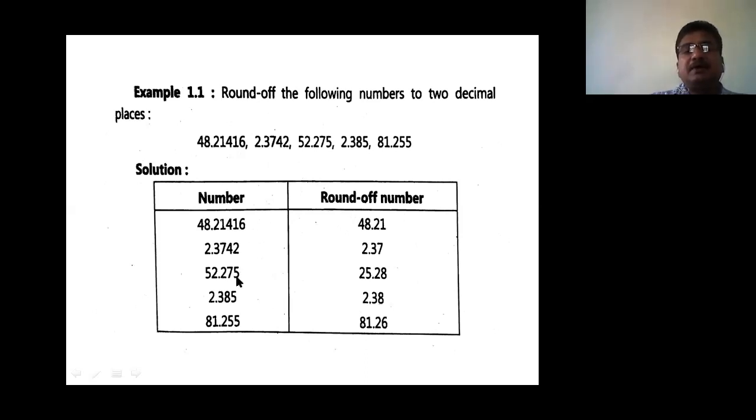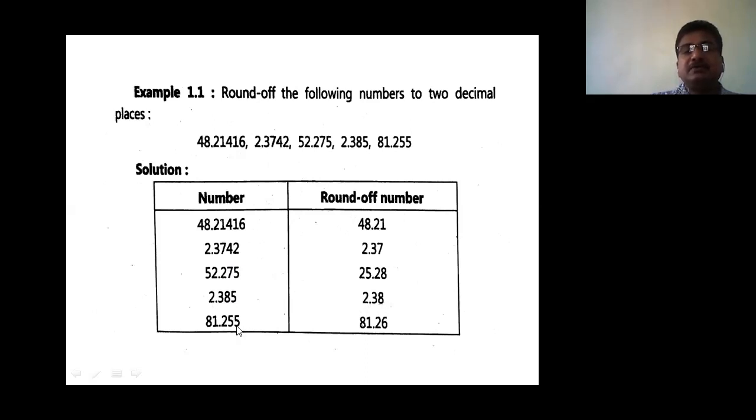And if the first discarded digit is exactly 5, and the previous digit is odd, then increase by 1. So it becomes 28. And here we have to remove this 5, and if the first discarded digit is exactly 5, and the previous digit is even, then no change. So the number is rounded to 2.38.